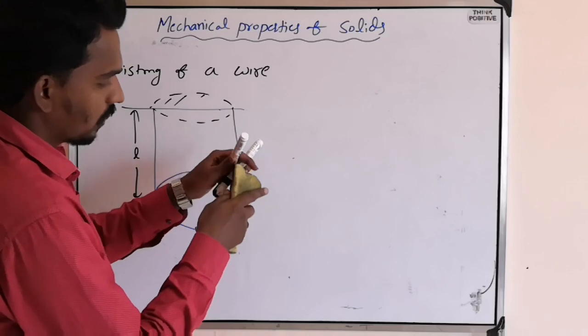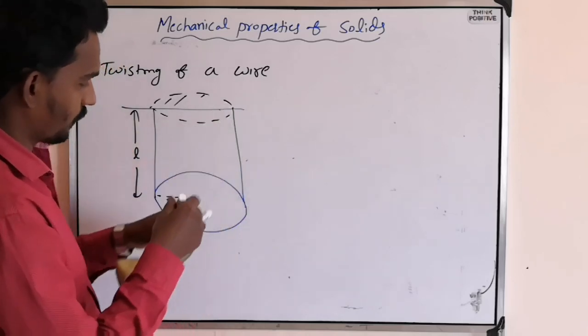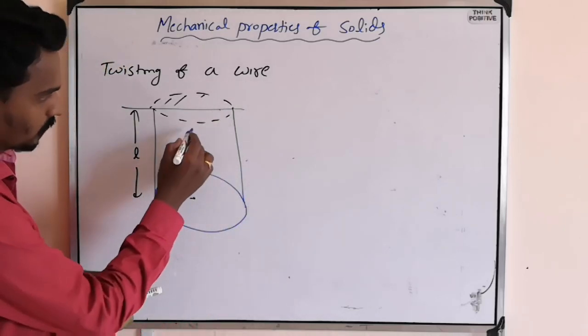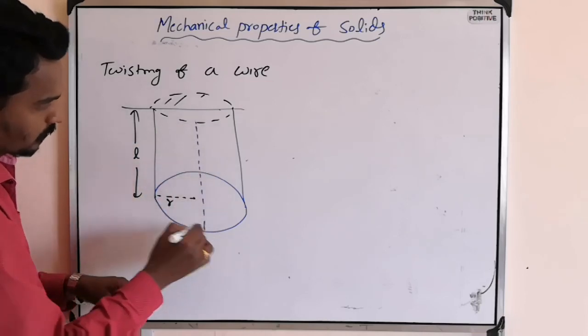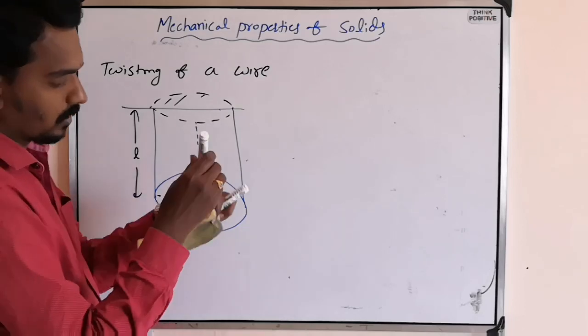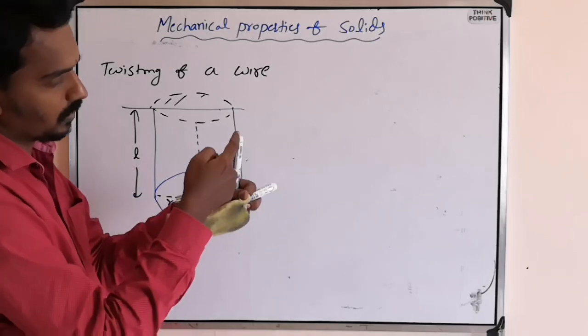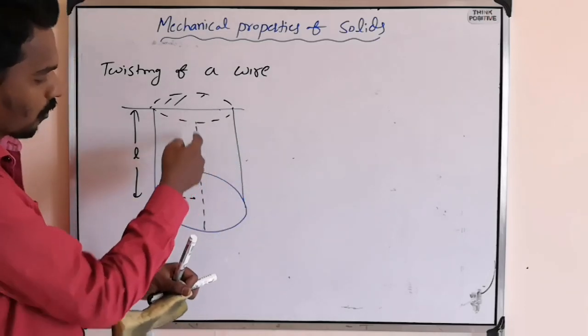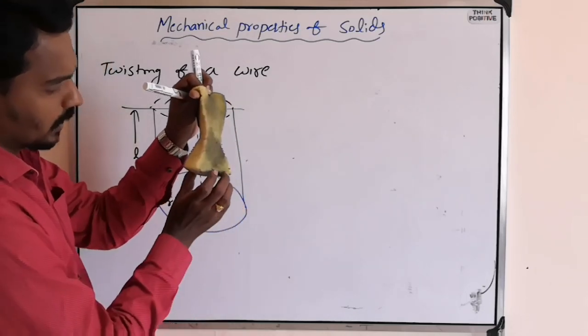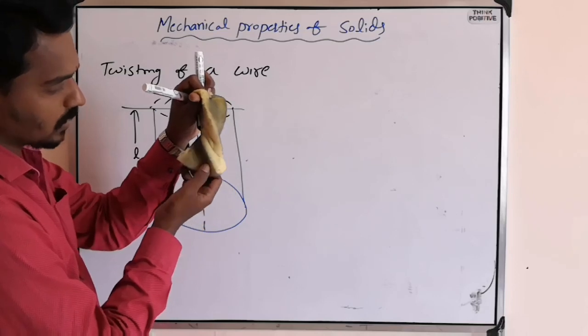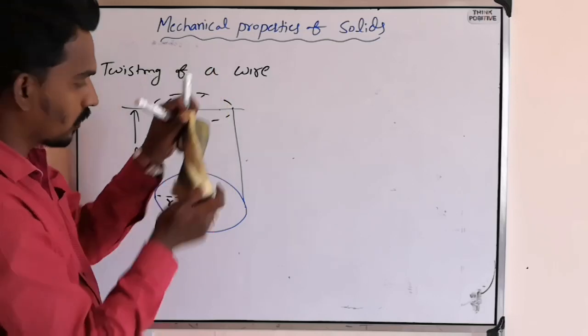Let's take one particular line, this one here. One line I have taken from top to bottom. Here I applied force tangentially and tried to twist.